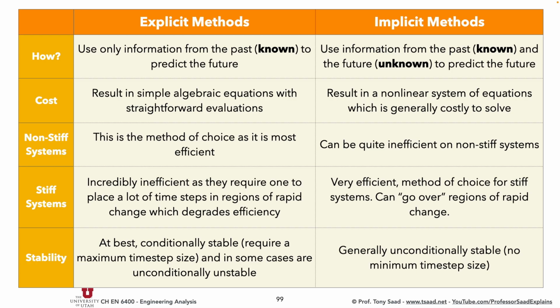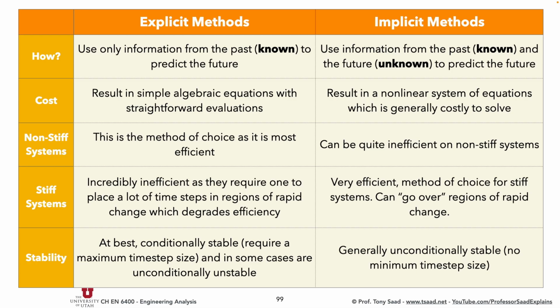Then the solver is going to put 100,000 points here, there, and everywhere. You end up with hundreds of millions more points. It becomes very inefficient. You have to go faster than the fastest time scale to resolve the system. And that's the problem. You end up paying the cost of the fast time scale and spending it on the slow time scale. So they become inefficient because they want to stay stable. If you take a time step larger than the fastest time scale, you become unstable.